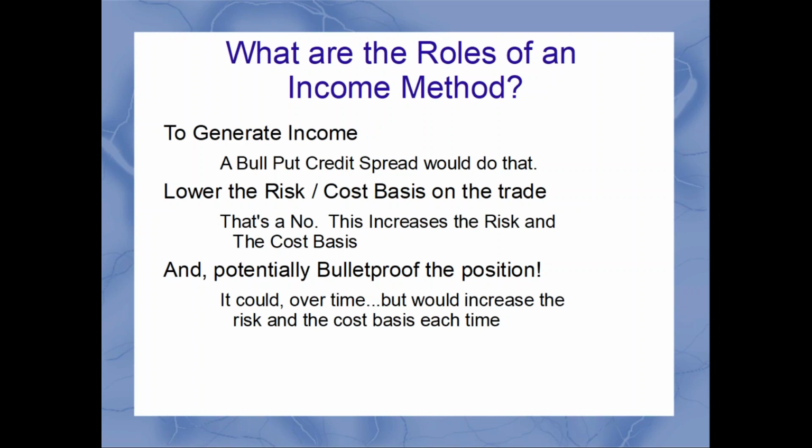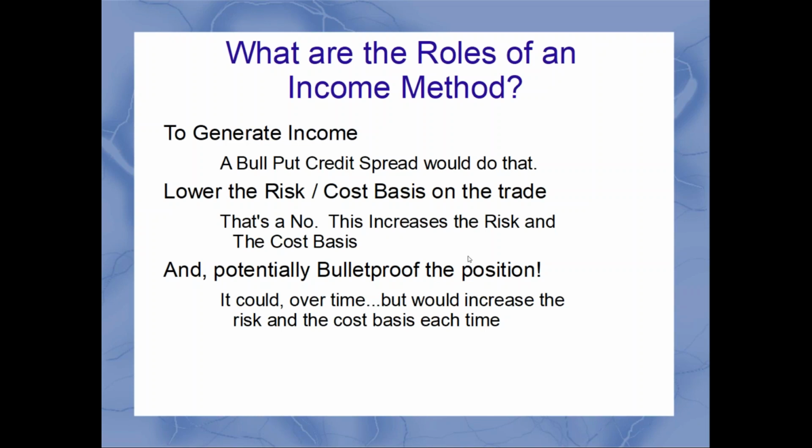Does it lower the risk and the cost basis on the trade? It does lower the cost basis, but it doesn't lower the risk on the position. It actually is going to increase the risk on the position. And could it potentially bulletproof the position over time? It could, but it's going to take a long time to be able to do that.